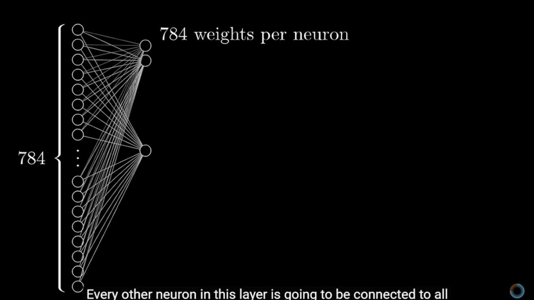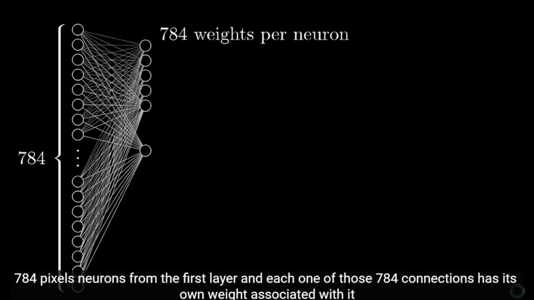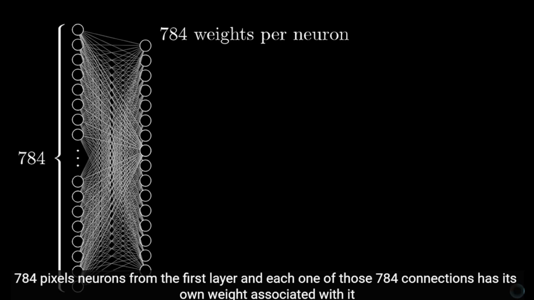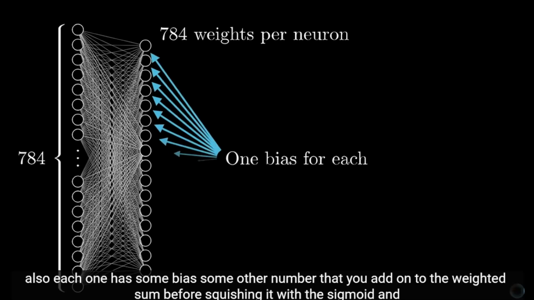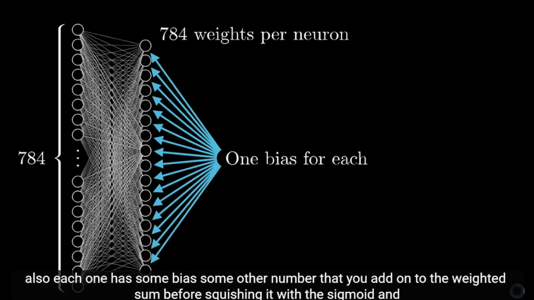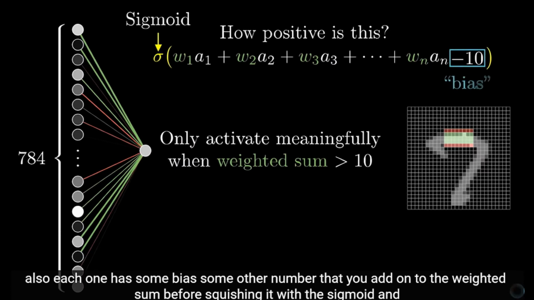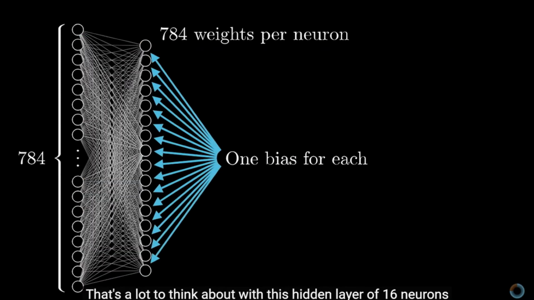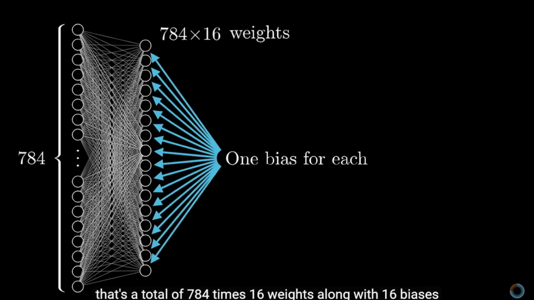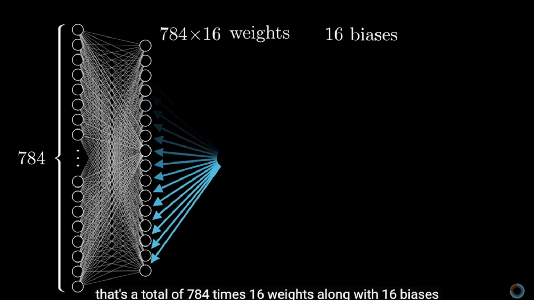Every other neuron in this layer is going to be connected to all 784 pixel neurons from the first layer. And each one of those 784 connections has its own weight associated with it. Also, each one has some bias, some other number that you add on to the weighted sum before squishing it with the sigmoid. And that's a lot to think about. With this hidden layer of 16 neurons, that's a total of 784 times 16 weights, along with 16 biases.